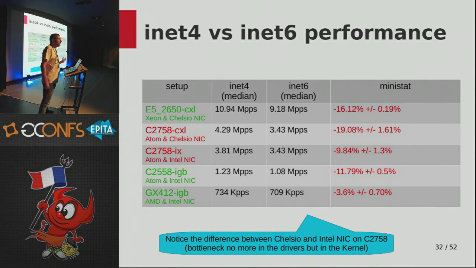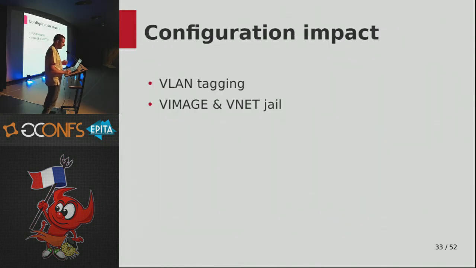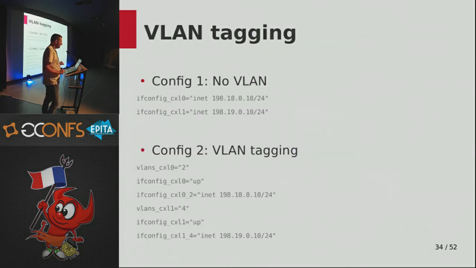Then, customers use standard setups different from mine. One of the first is that lots of them are using VLAN tagging. We are using at Orange another setup, which I call a multi-tenant router, using VNET jails. So I want to check the impact of these two configurations. For VLAN, I generate my standard reference config without VLAN, and a second one with VLAN tagging.